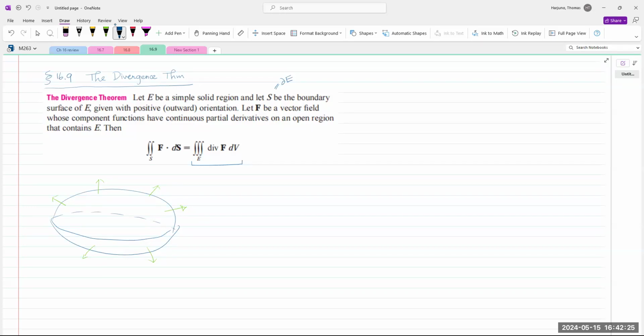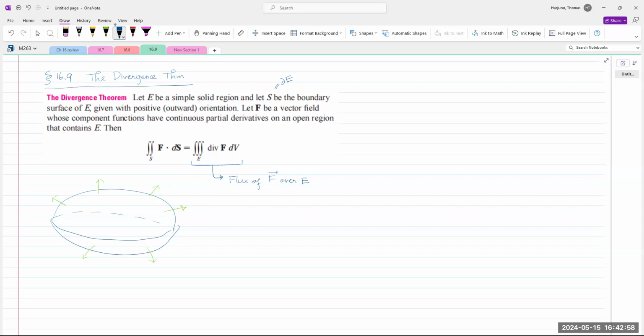The double integral on the right-hand side is also called the flux of that vector field F over E. So instead of saying the triple integral of the divergence of F over solid E, we may just say compute the flux of vector field F over solid E.